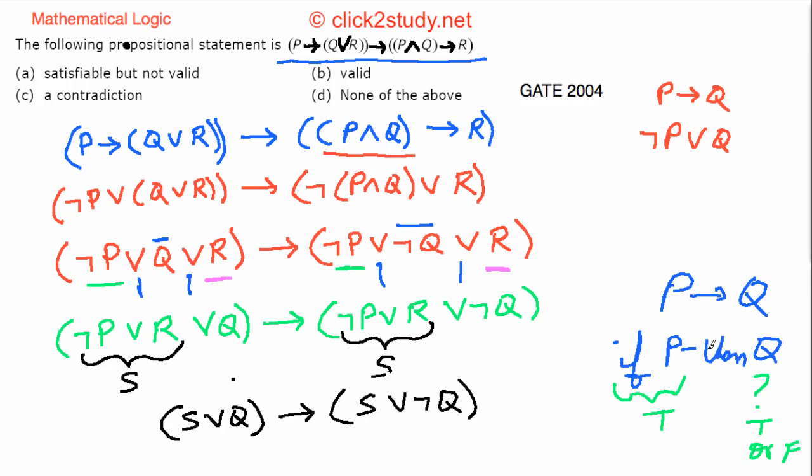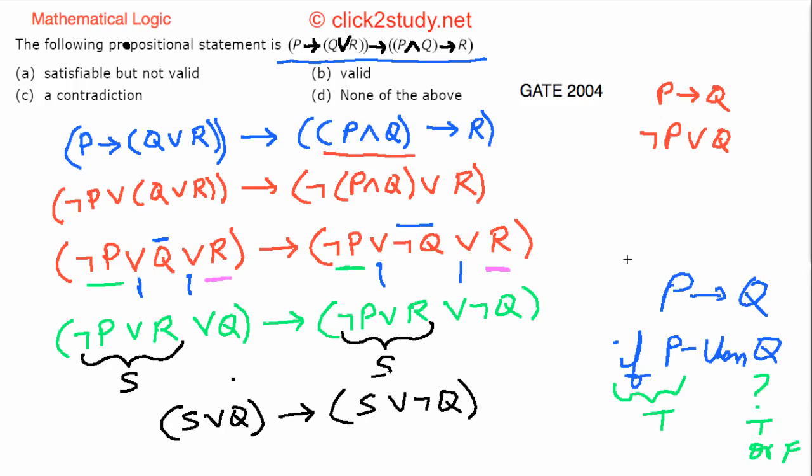If P is true and Q is also true, then the implication is definitely true. If P is true and Q is false, then the implication is false. And if P is true and Q is sometimes true, sometimes false, then it is satisfiable, because sometimes the implication is true and sometimes it is false.